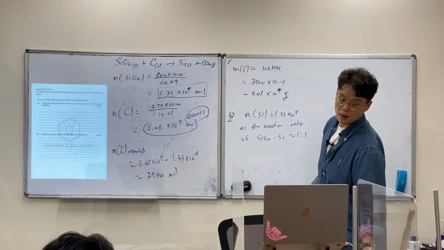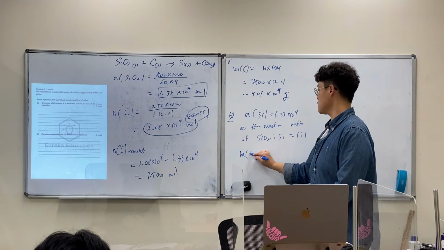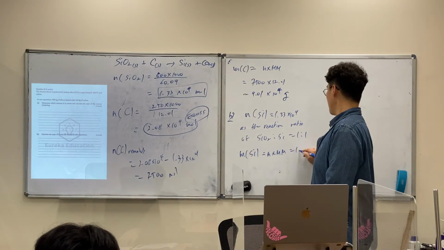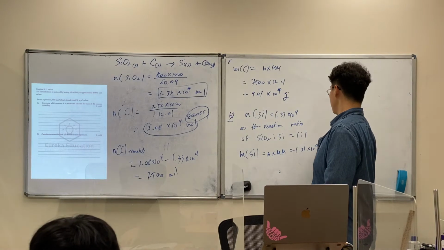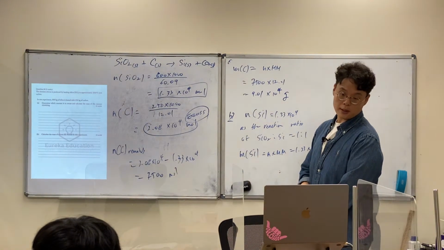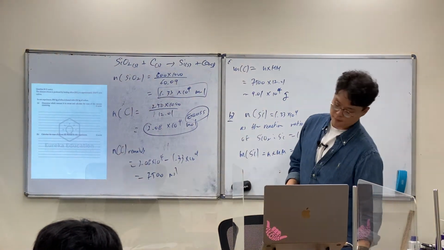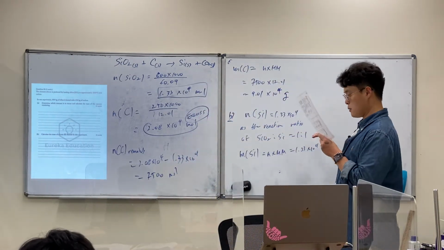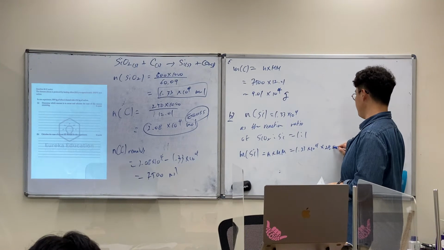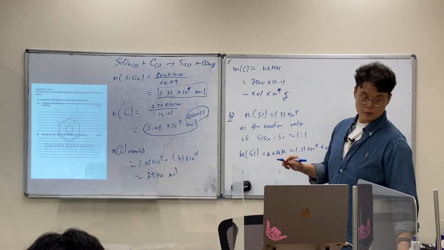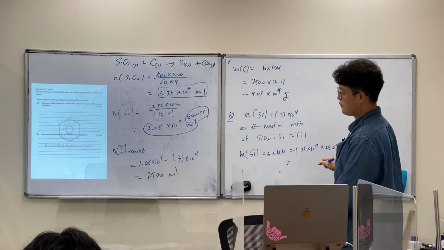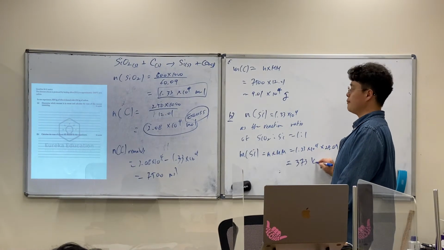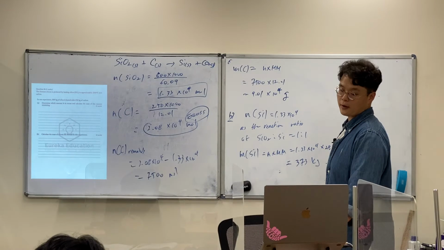And from here we can find the mass of the silicon. That's n times the molar mass. 1.33 times 10 to the power 4 times the molar mass of silicon, 28.09. Sky, what did you get? 373 kilograms, 373 kg for the final answer.